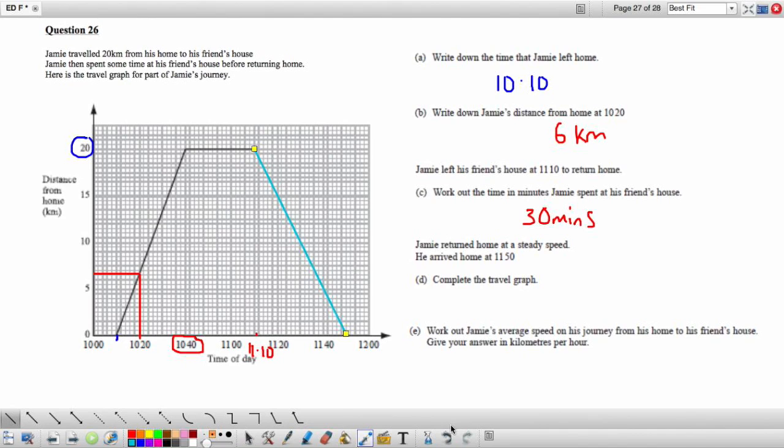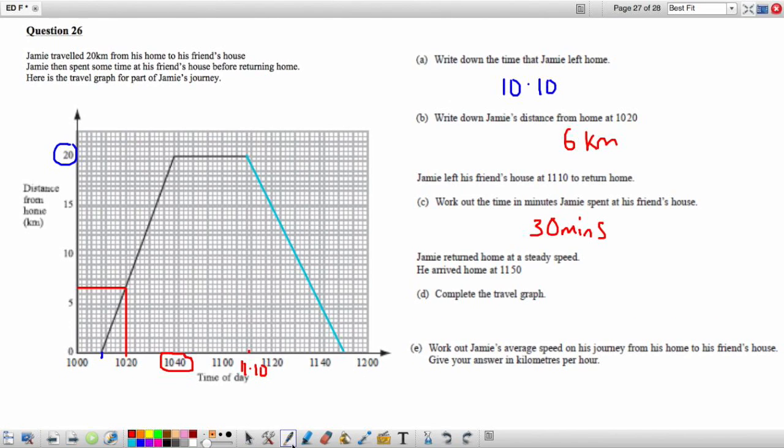In part E, work out Jamie's average speed on his journey from his home to his friend's house. Give your answer in kilometres per hour. So when we look here, from his home to his friend's house, it takes him, if he leaves at 10:10 to 10:40, 30 minutes of travelling and he goes 20 kilometres.